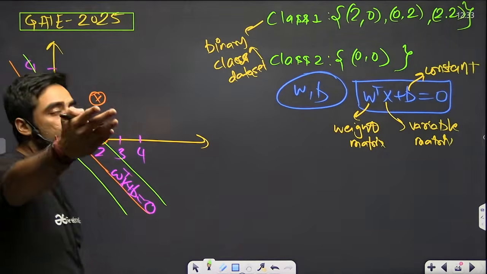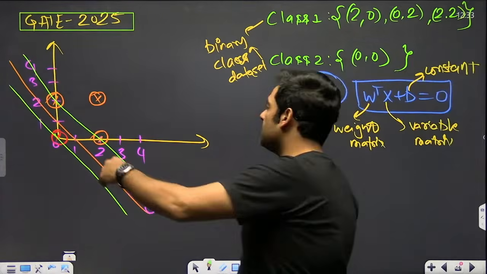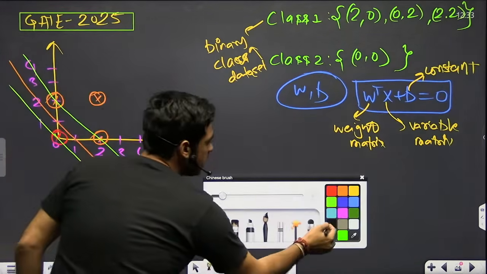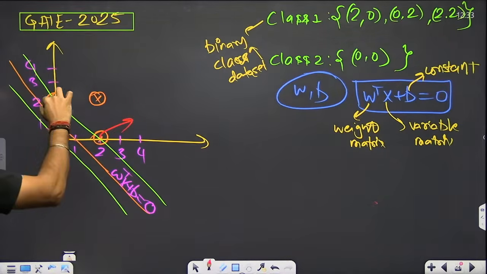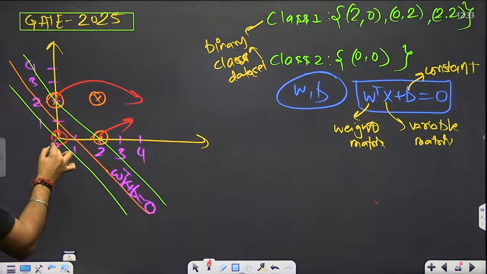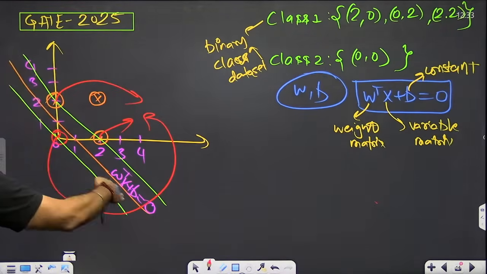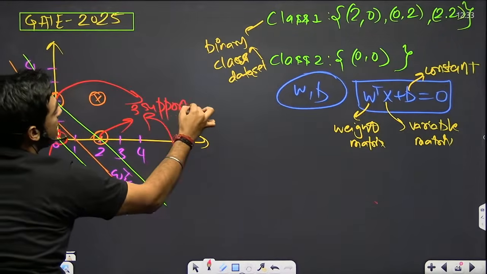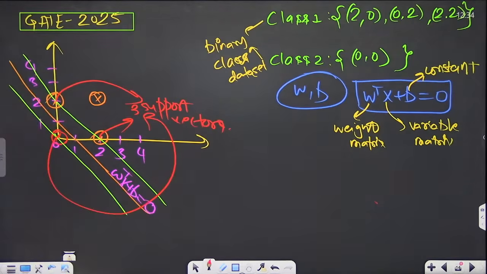So guys, how many support vectors are there? I want an answer from your side. If I assume this as the main hyperplane equation, how many support vectors are there? Very simple. We can consider this as a support vector, this as a support vector, and this as a support vector.